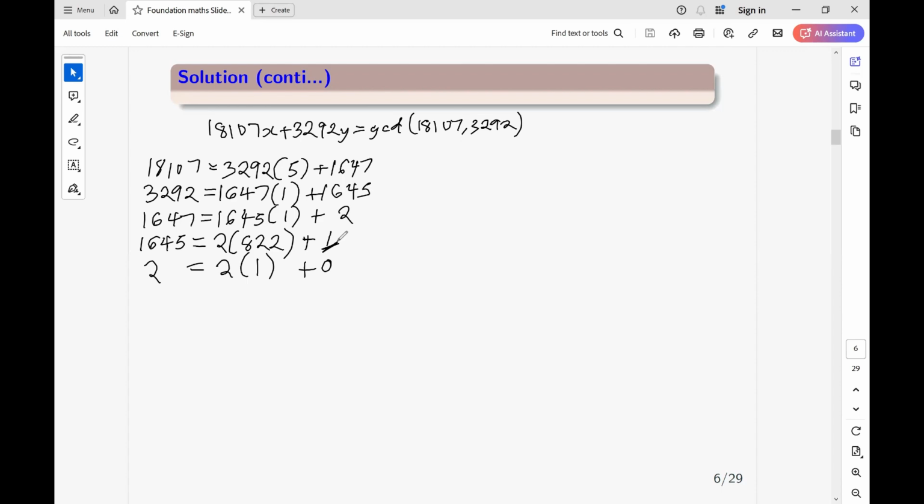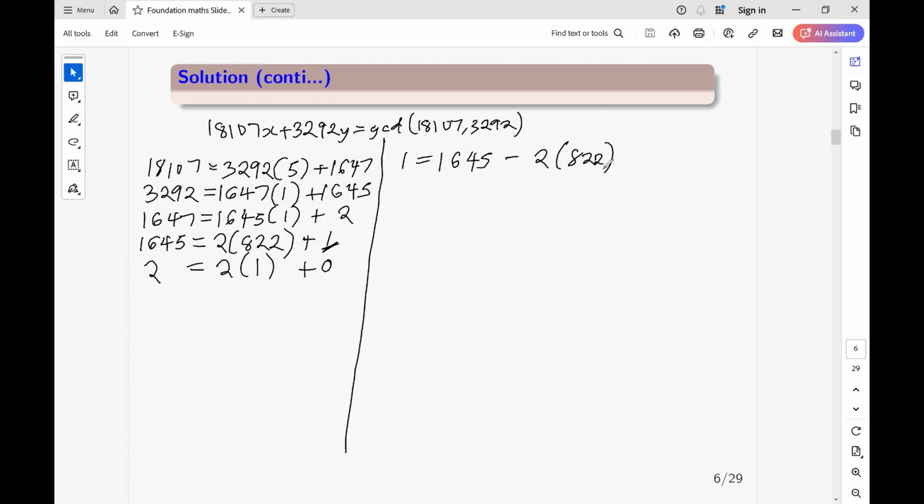So once we have our GCD, we are going to propagate backwards using our 1. We're going to make 1 the subject of the equation. So 1 is equal to 1645 minus 2 times 822.